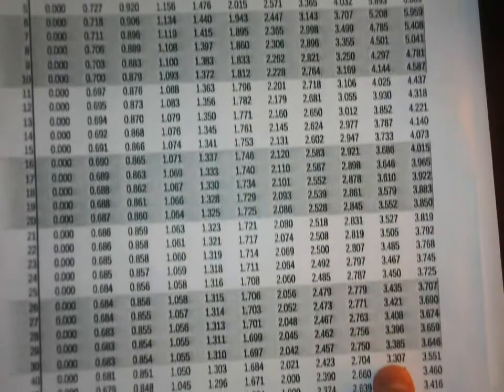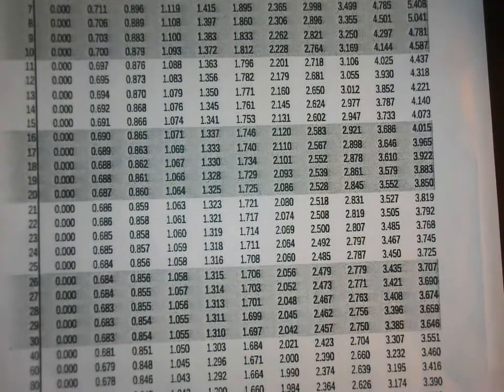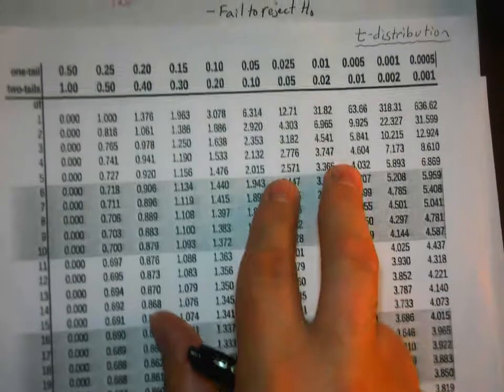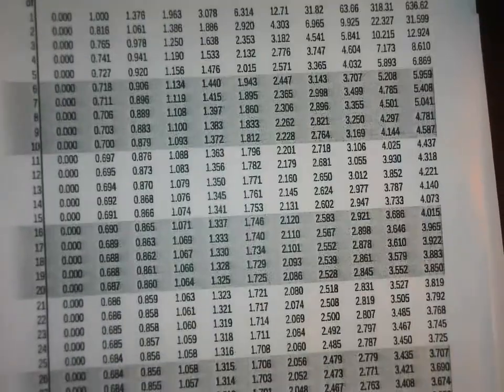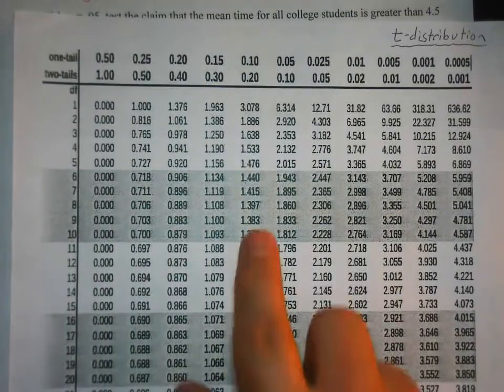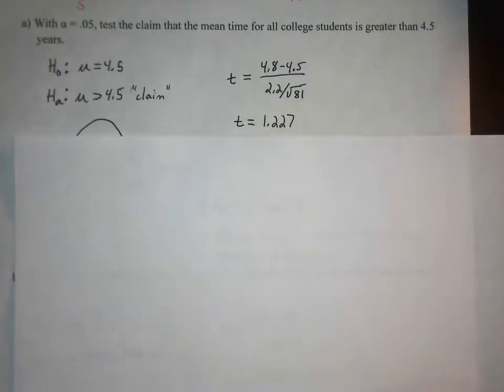So when you scroll down to the 80 degrees of freedom, that gives you the 1.664. Okay, so you can see that was the 0.05 in one tail. Okay, so that's our rejection region.